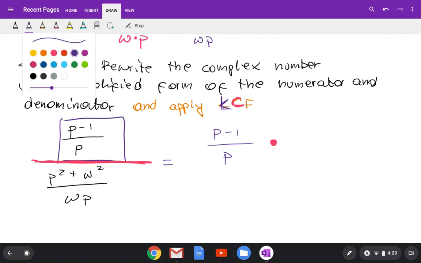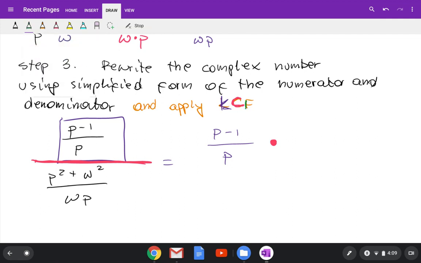And flip means flip over the bottom fraction. So we're going to flip this one. So wp times p will go on the top, and p squared plus w squared goes on the bottom.